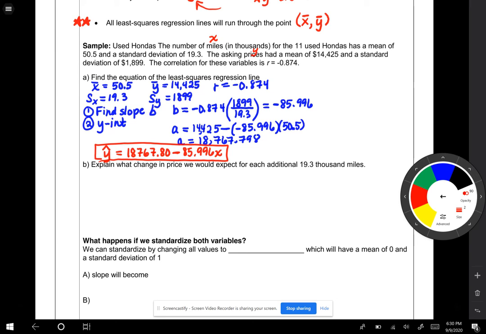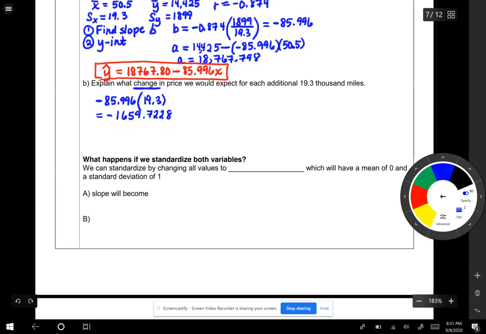All right. Explain what change in price we would expect for each additional 19.3 thousand miles. The key word here is change. When you think about change, we are interested in slope. The slope is negative 85.996, and we know for each 1,000 miles, the price will decrease 85.996. So we want to multiply by 19.3. When we multiply those two, we get negative 1,659.7228.